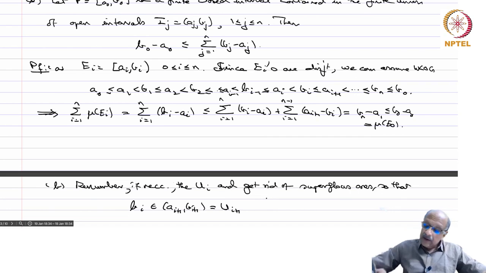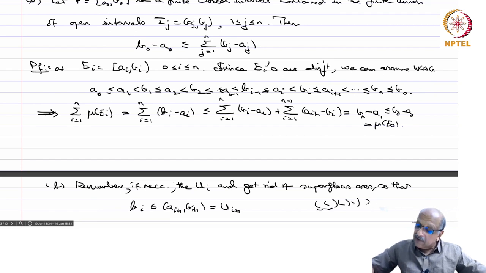Okay, so the intervals are like this: the first one, then the second one, then the third one, and the fourth, and so on. Each time the interval is contained in the next one. Okay, so that's how we are going to write them.